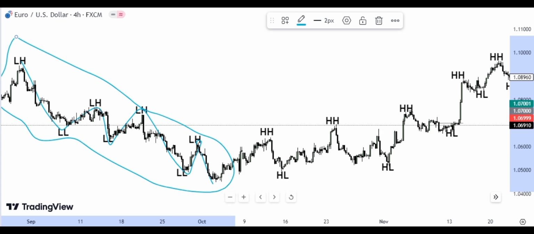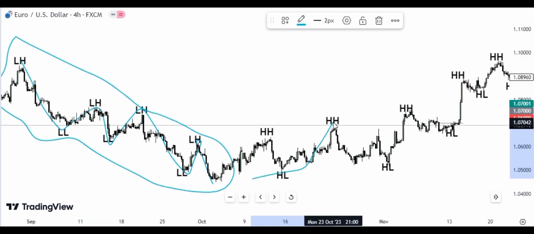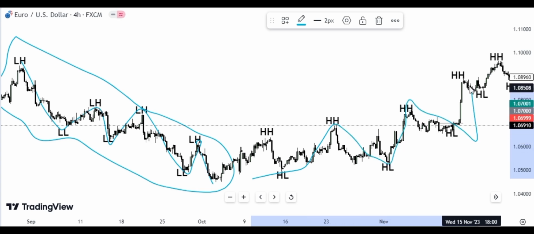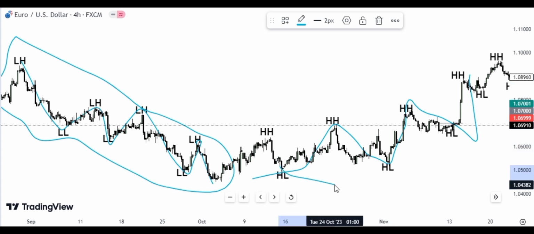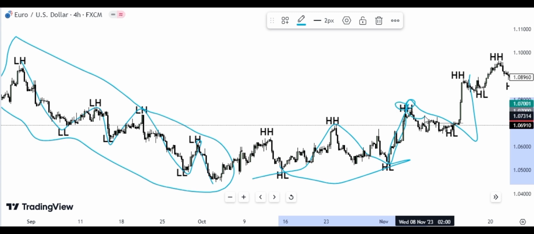And an uptrend is when price creates a series of higher lows and higher highs. So when you see price create such a trend, all you want to do is wait for price to come back to your last higher low, then buy from there to create a new higher high, which is over here.